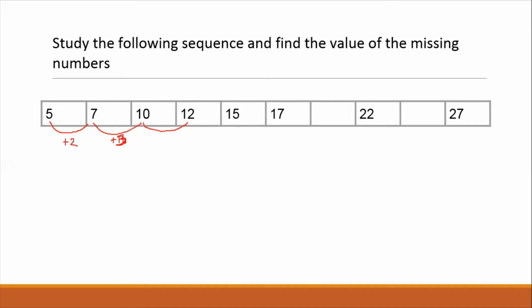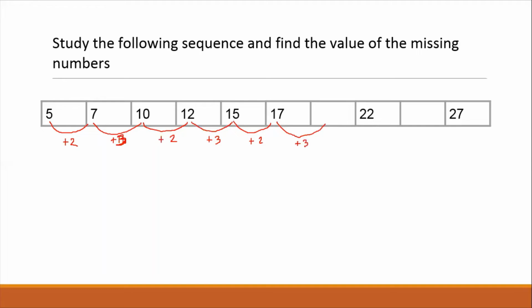The next one, from 10 to 12, we have plus 2 to make it 12, and from 12 to 15, we increase it by 3. So as we can see now, the pattern is plus 2, plus 3, plus 2, plus 3. So the next one here is plus 2. 15 plus 2 makes it 17. Now, what is the next pattern after 17? 17 plus 3.